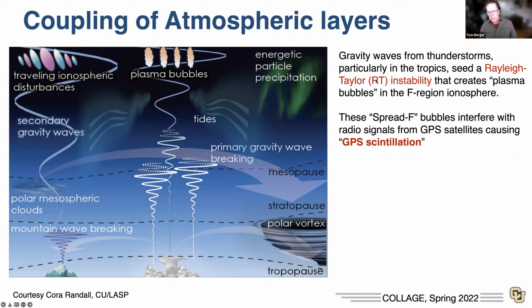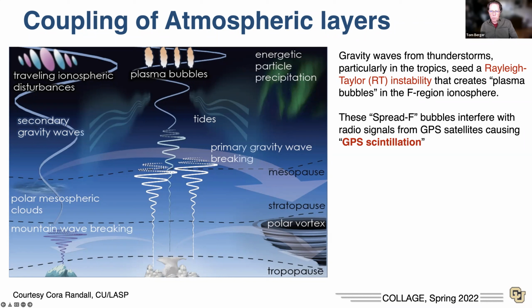So as I mentioned, the gravity waves can go up and actually start to trigger Rayleigh-Taylor instabilities, which is that instability when you have a denser fluid on top of a lighter fluid. You get these fingering instabilities. The magnetic field comes into play here, and so we call it a magnetic Rayleigh-Taylor instability.